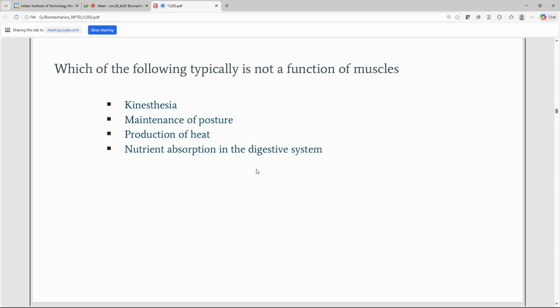Question is, which of the following is not a function of muscles? Options are kinesthesia, maintenance of posture, production of heat, nutrient absorption in the digestive system. You can inbox your answers.